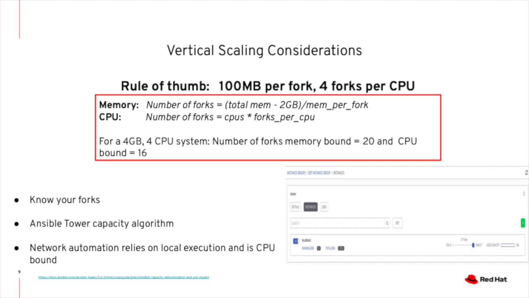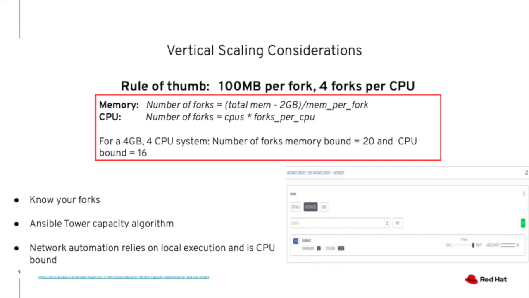Okay. Now, there are some other considerations you need to keep in mind when you're factoring the size of your host. There are things that are reserved. For example, if you're using Ansible Tower and you're trying to do an inventory sync from remote databases, that's going to take up 1 fork.